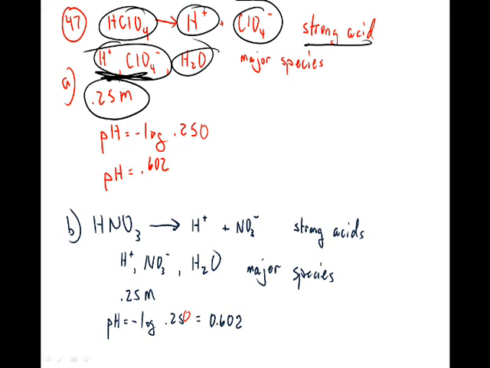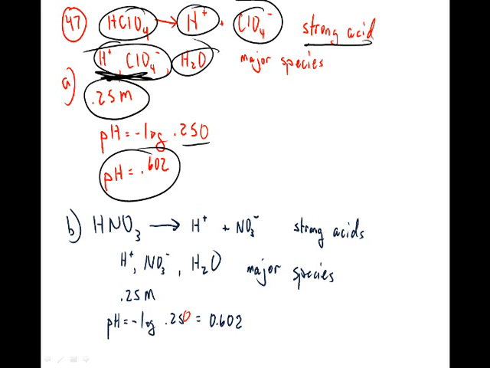In fact, for strong acids, remember, we calculate the pH based on the concentration of the acid. So here the pH is the negative log of 0.250 molar, or 0.602. And you want to check your sig figs. This was number 47.